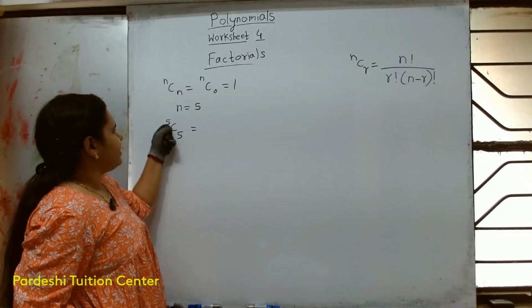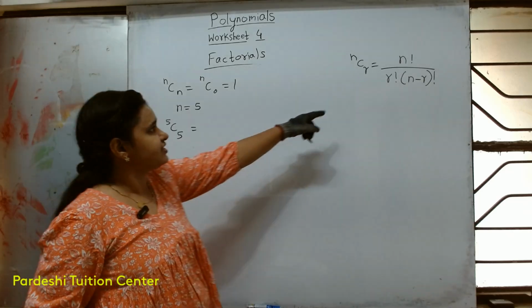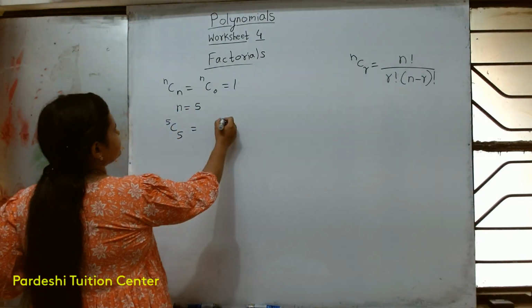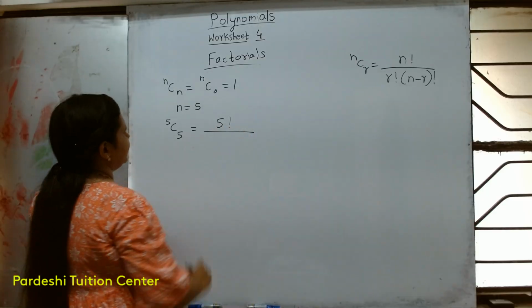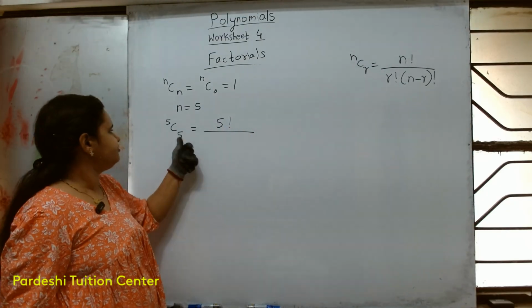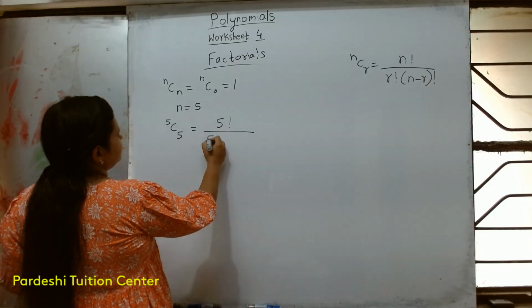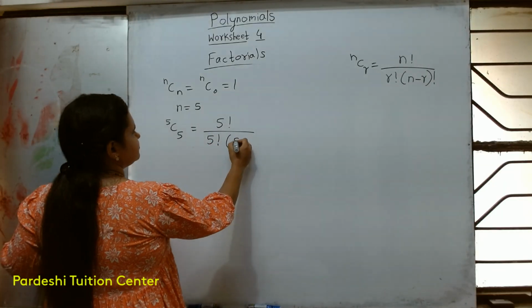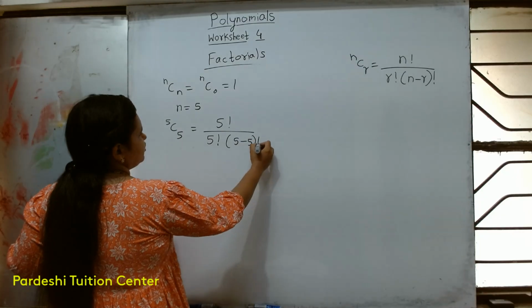So 5C5 means just put in the formula: n factorial means 5 factorial, and here r is also equal to 5, so it will be 5 factorial, and n minus r means 5 minus 5 factorial.